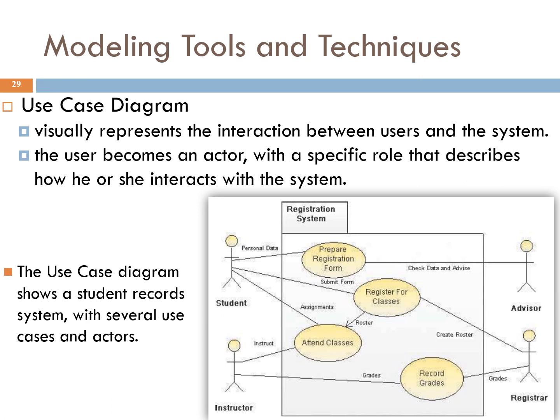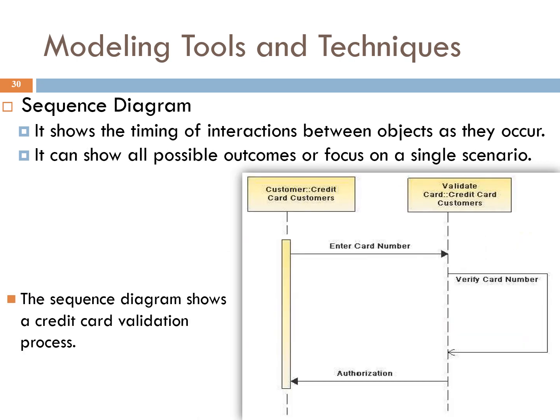Here it shows how a use case diagram is built or drawn and the explanation of the given use case diagram. Sequence diagram is another modeling tool that can be used in this stage.